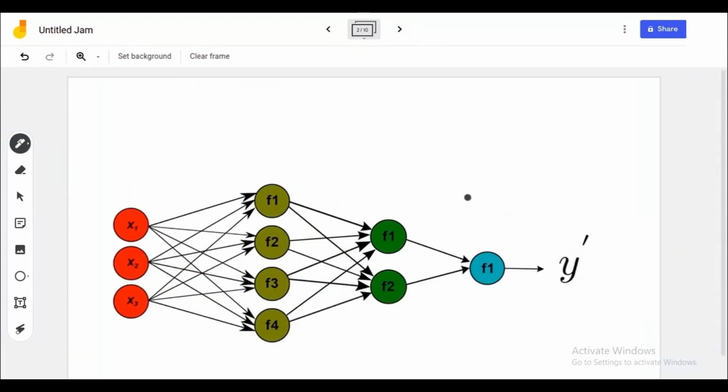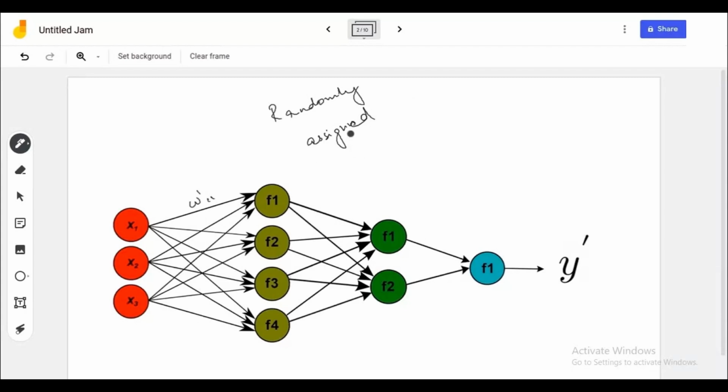If you remember, this is the structure of an MLP, a multi-layer perceptron, and whenever we assign weights, what I mentioned was these weights were randomly assigned. Now this statement is partially true.